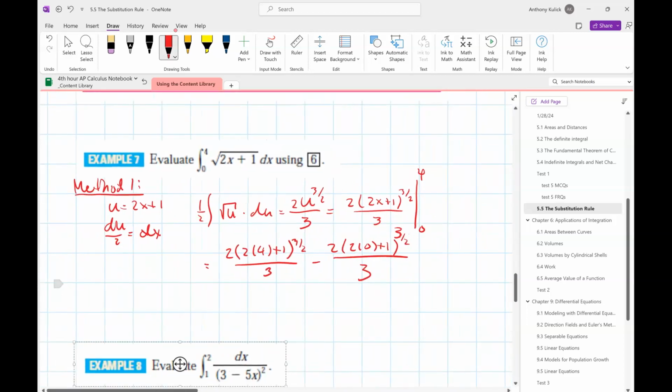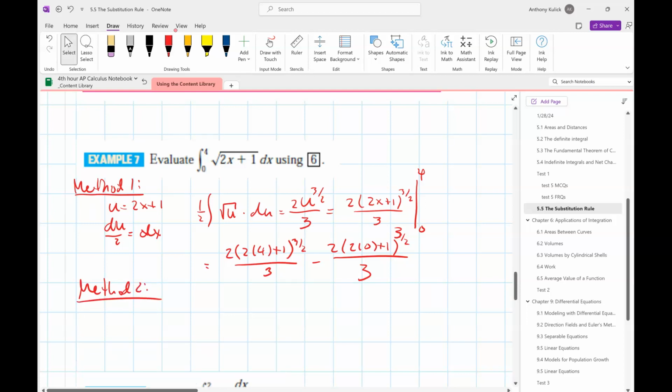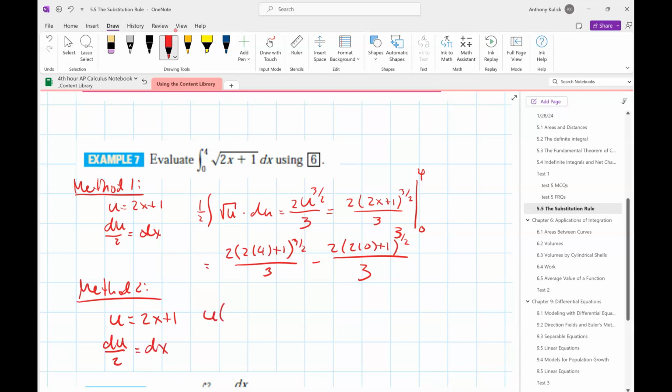Alternatively, and again, in a no calculator setting, I think this tends to be easier. I'm going to redo the bounds. So I'm going to take the 0 and plug that into u, and I'm going to take the 4 and plug that into u.